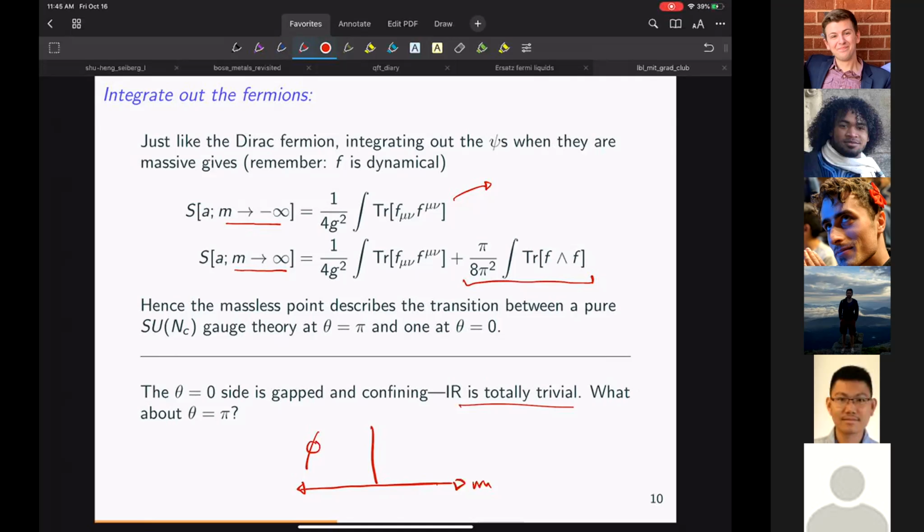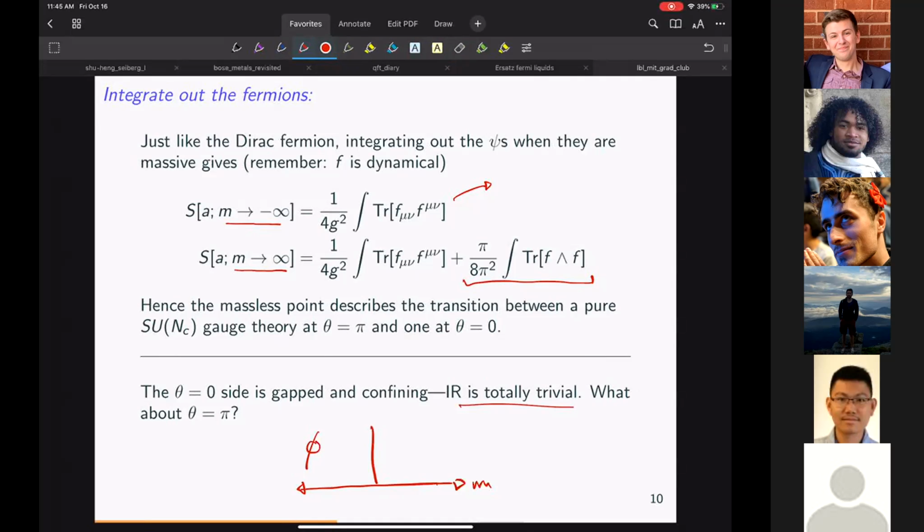The difference here from the topological insulator example is that the gauge field you coupled to there was just a probe field, not dynamical. Whereas here, the gauge field we're coupling to is the SU(N_c) gauge theory, which is dynamical. It's integrated over in the partition function.